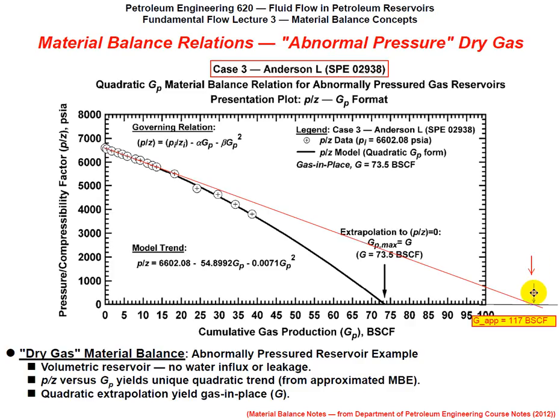So this would be the 117 BCF approximately right there. What's the real number? We think it's about 74. So if I go to Excel, and I say equals 100 times 73.5 divided by 117, I get 63%.